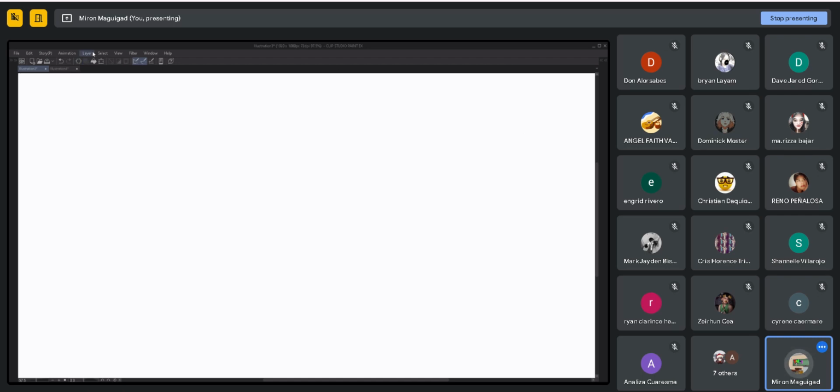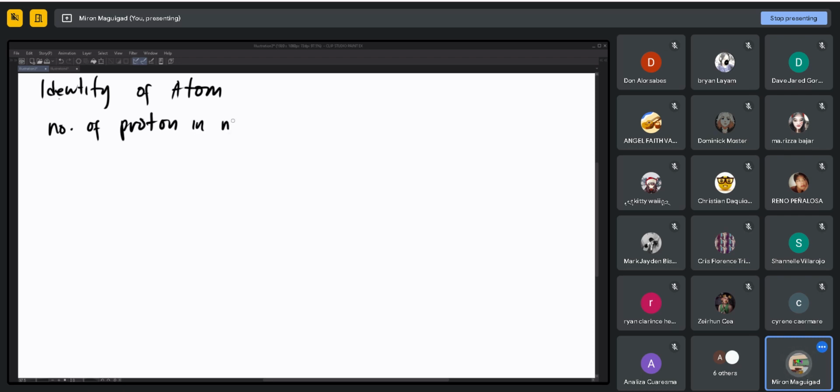Okay, so let's have the identity of atom. The one characteristic that is common to all atoms of an element is the number of protons in the nucleus.